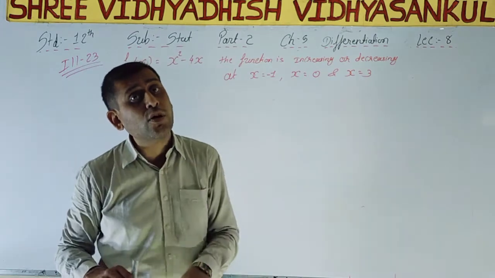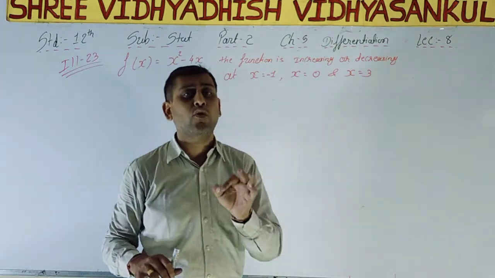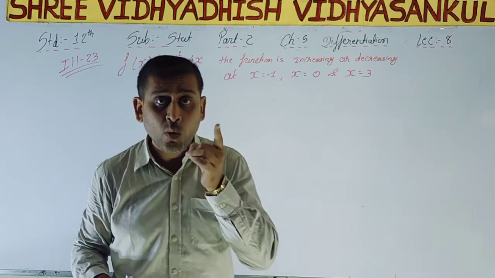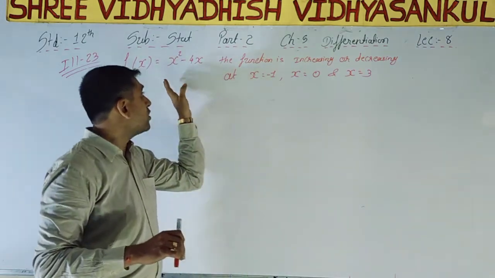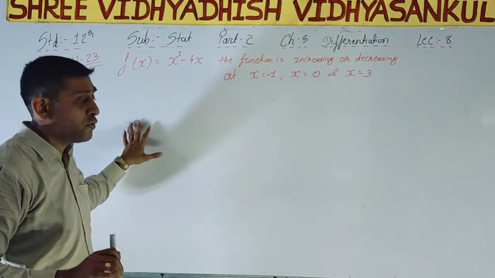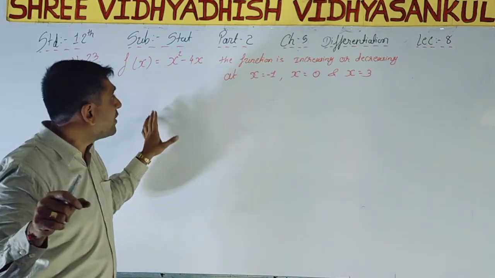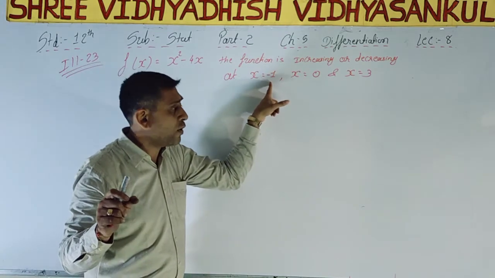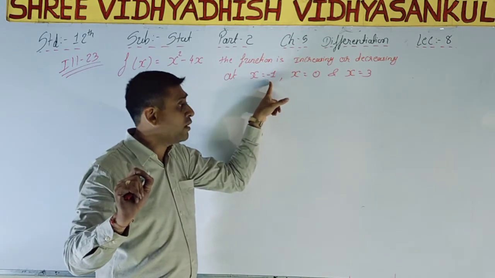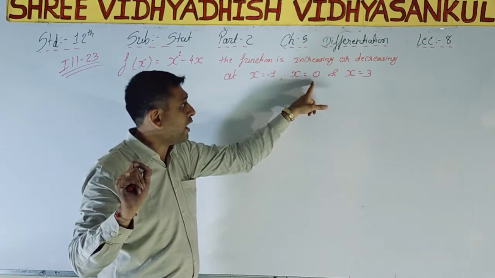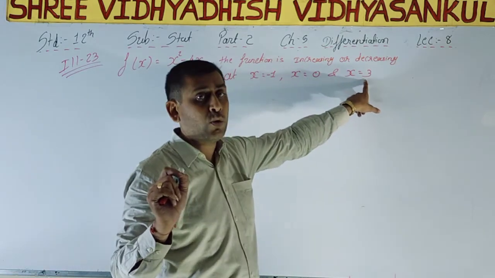What is the rule for that? We first have to find out the first derivative of the given function. We find the first derivative of that particular function, and then put the value x is equal to minus 1 into the answer of the first derivative, then x is equal to 0, and then x is equal to 3.